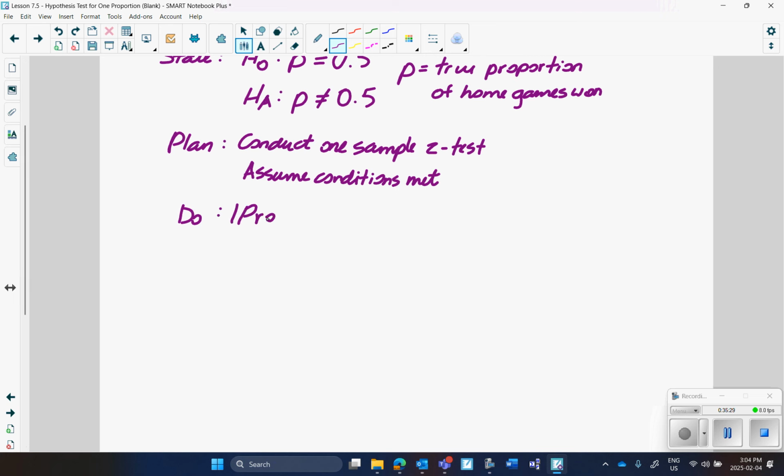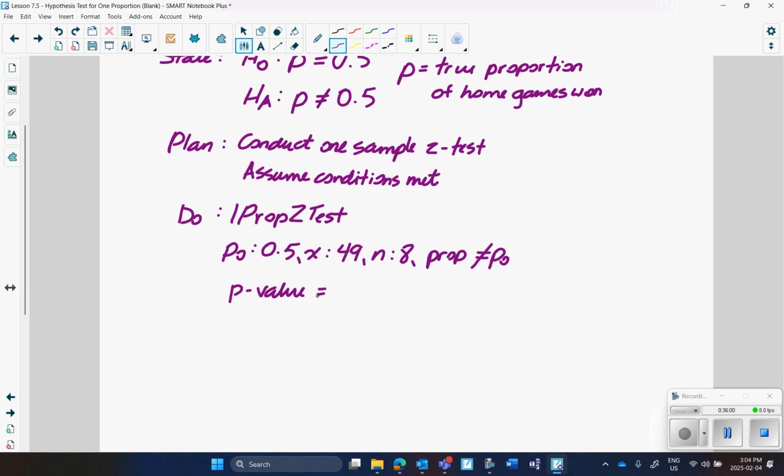Everything's going to be the same. What's the first thing? This is 0.5, 49, and it's 88. At this time, the proportion is not equal.